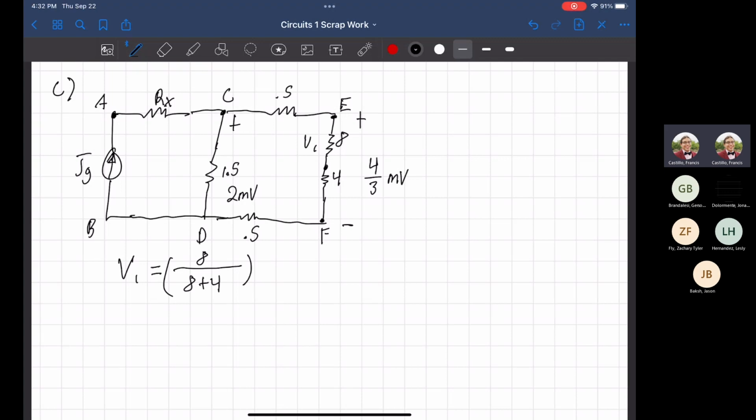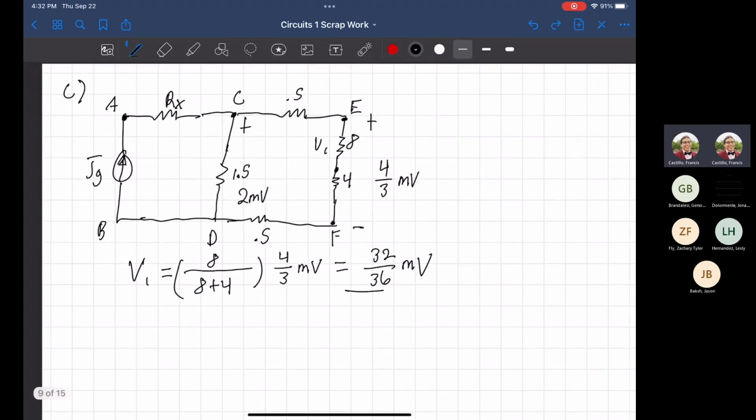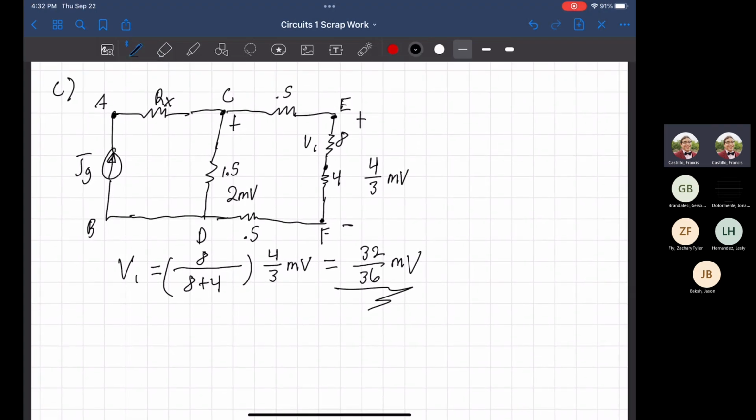And then the voltage source we are using is going to be the 4/3 millivolts. It is going to get us 32/36 millivolts. And that is your solution to part C.